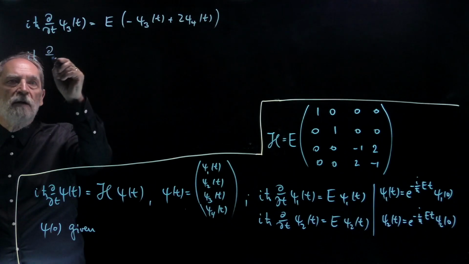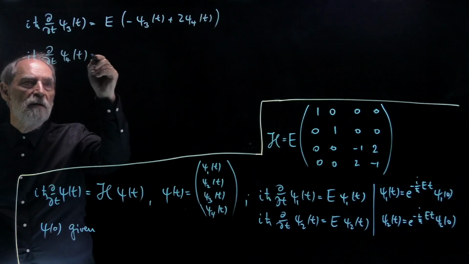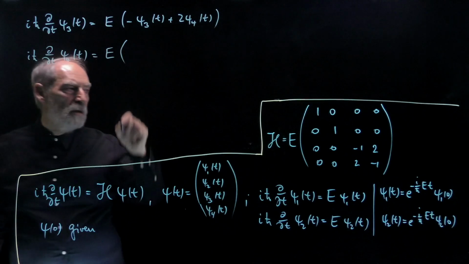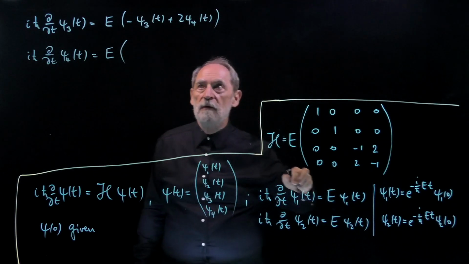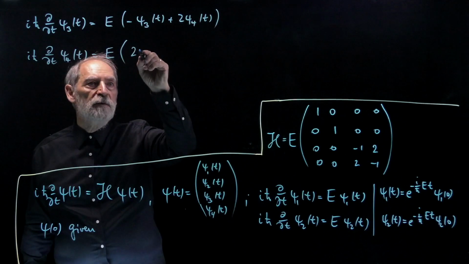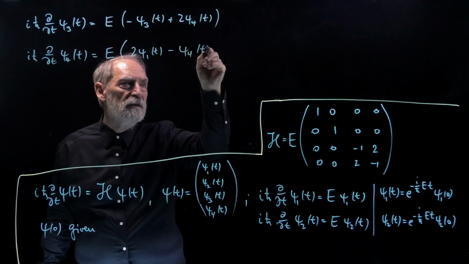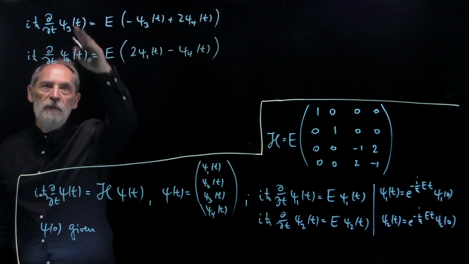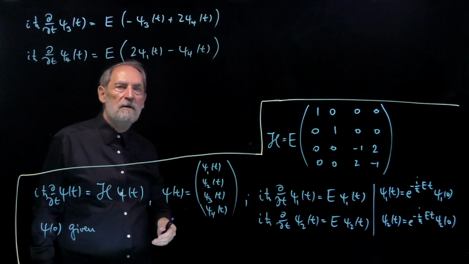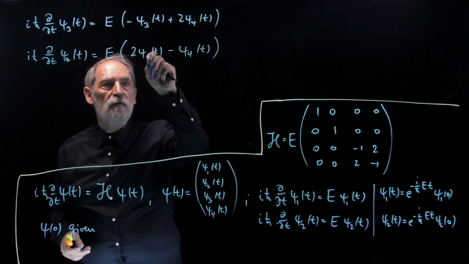i h bar d by dt psi 4 of t is E, and now there is the minus sign for the psi 4 and the 2 for the psi 3. So it's 2 psi 3 of t minus psi 4 of t. Okay, so we have a coupled set of differential equations for psi 3 and psi 4.